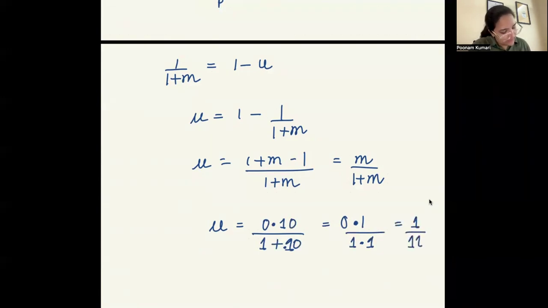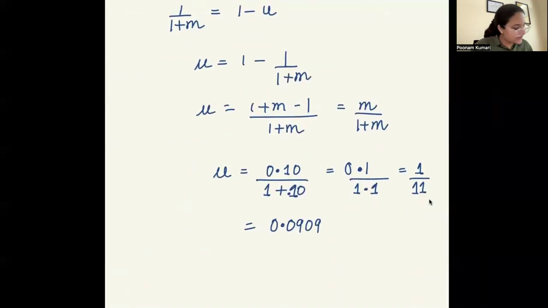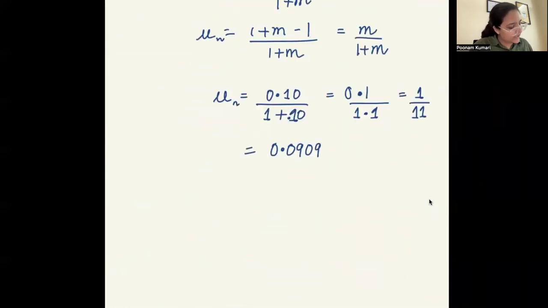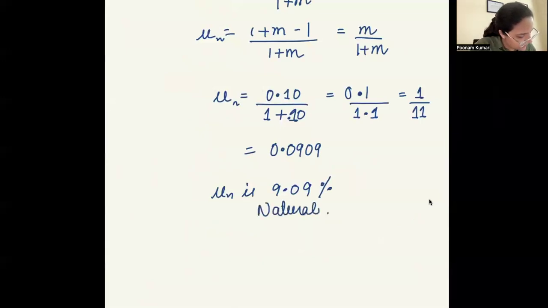What is 1 by 11? 0.0909. So in percentages, UN is 9.09%. This is the natural rate of unemployment.